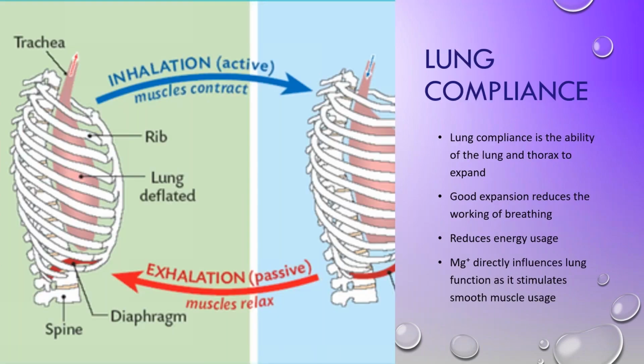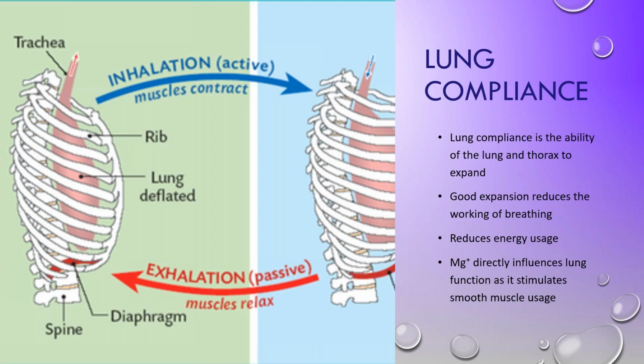Let's talk about lung compliance. So lung compliance is the ability of the lung and the thorax to expand. Remember that the lung is attached to the thorax. So by then breathing in and the thorax expanding outwards and downwards with the diaphragm, we now get the air in, the alveoli are expanding, and what happens is then we get gaseous exchange.